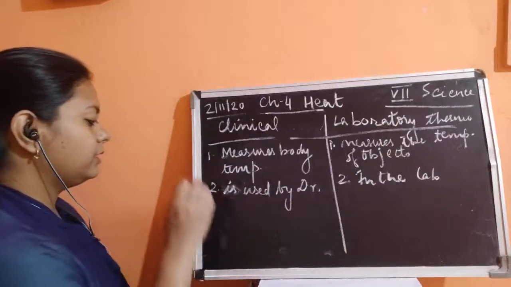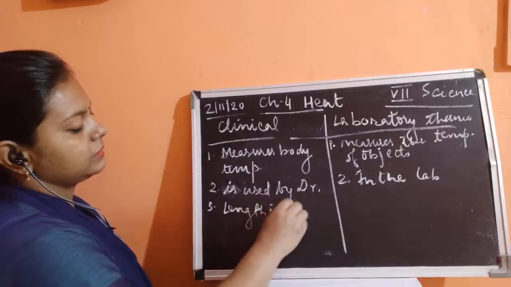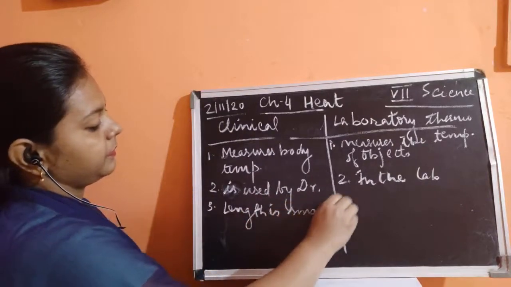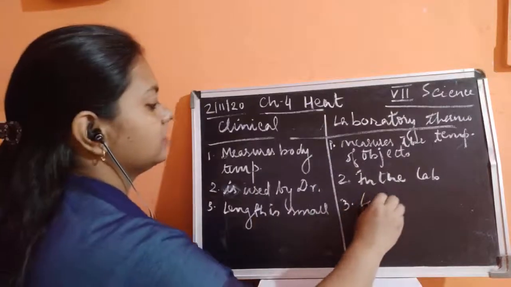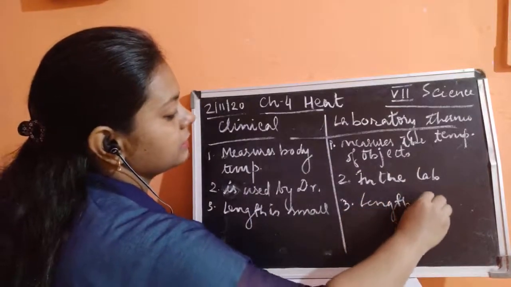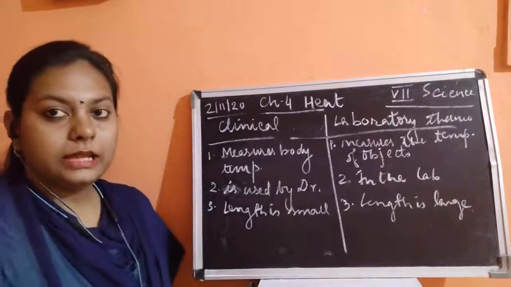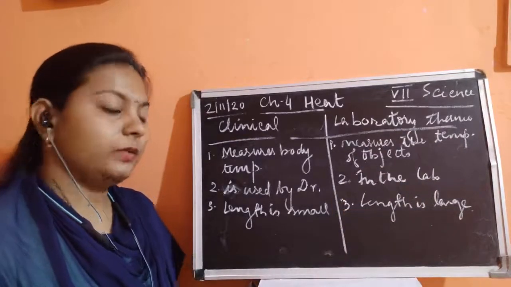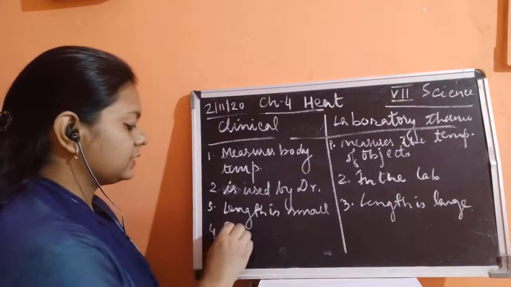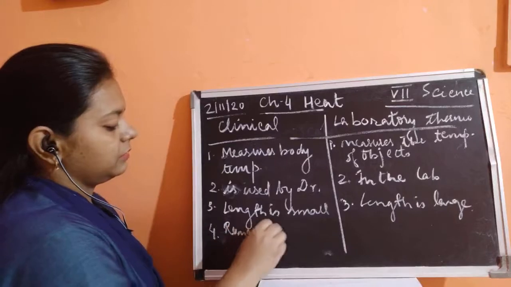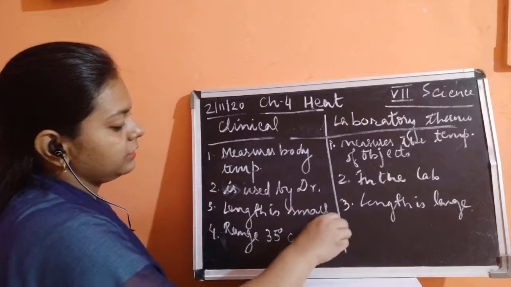Then third point, the length of the clinical thermometer is small, and the length of the laboratory thermometer is large. The next difference is about the range: the clinical thermometer is between 35 degrees Celsius to 42 degrees Celsius.